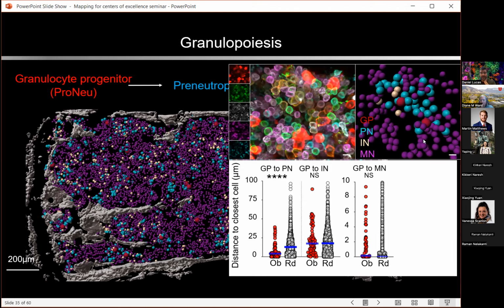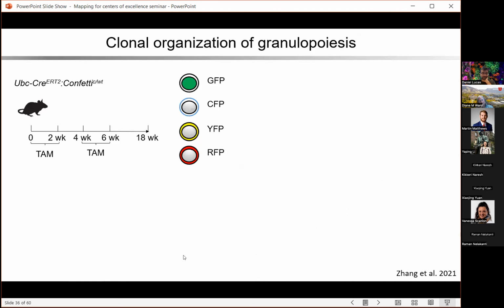And this is how these clusters look in real life. This is the raw data image. Now we wanted to interrogate the clonal organization of these clusters. And to do that, we use confetti mice that were developed by Hans Clevers' lab.